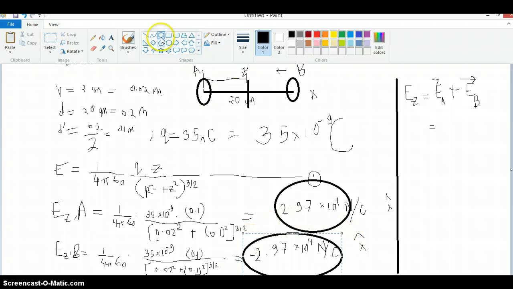So basically I'm going to get equal values but negative, so it's going to be 0. From this we can conclude that the electric field due to two equal charges at the midpoint between them is equal to 0.